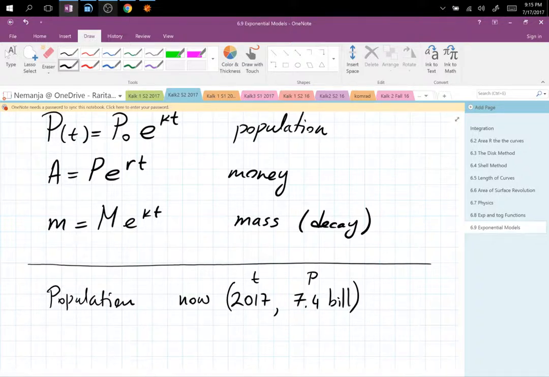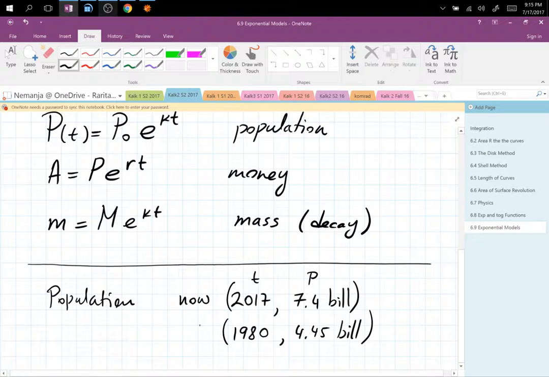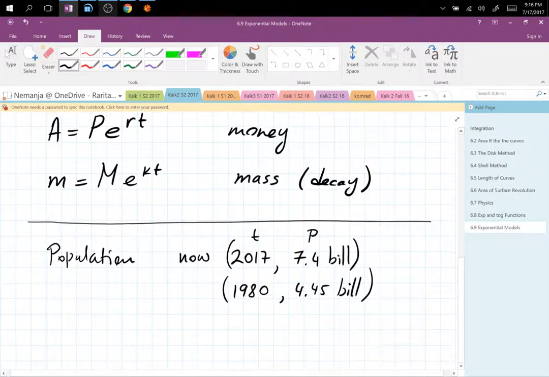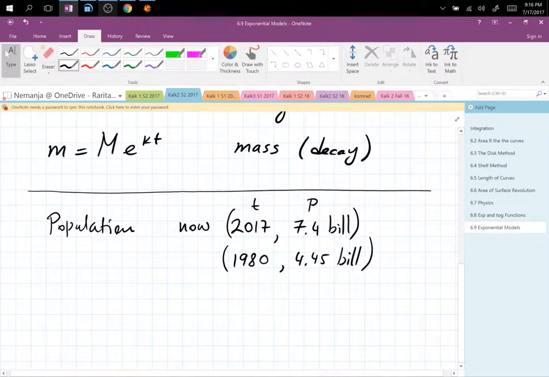In 1980 it was 4.45 billion. So these are the two data points that we need to come up with the population model.